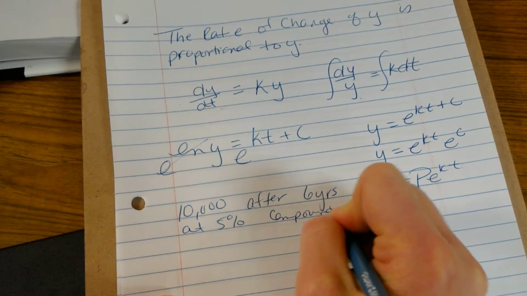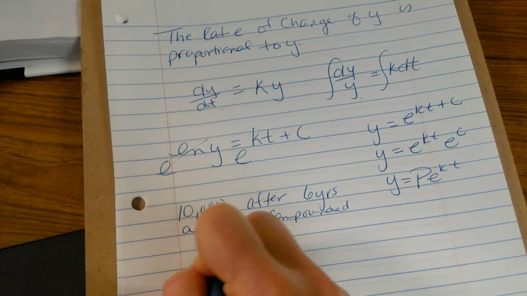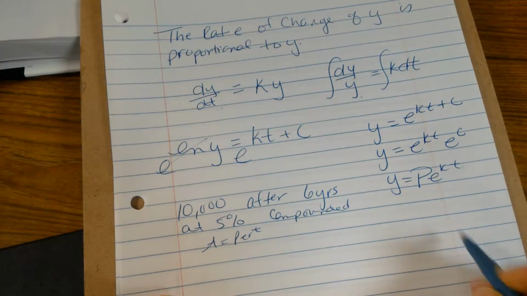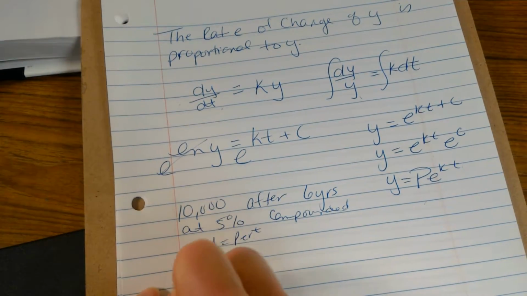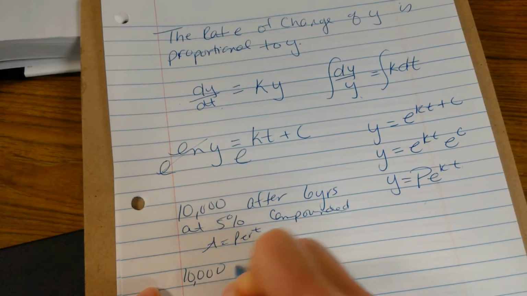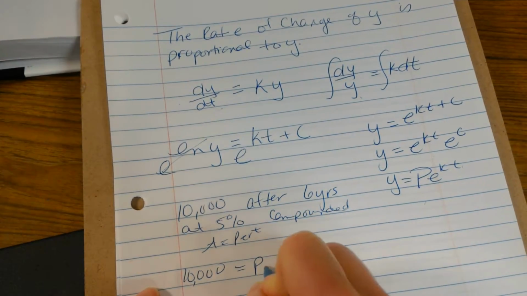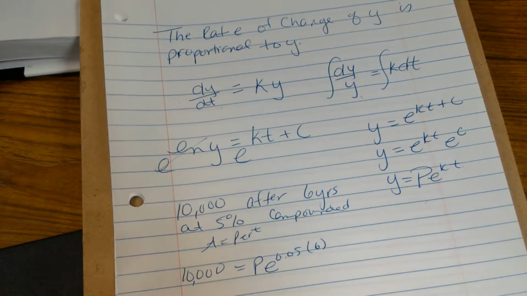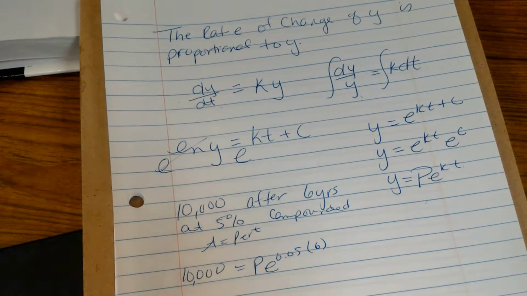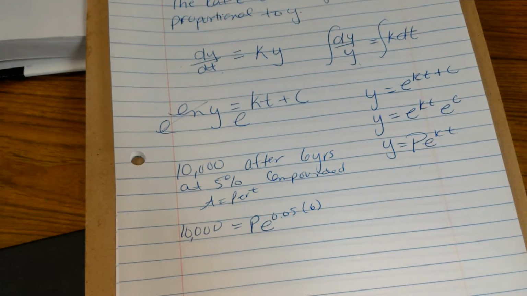We would know that we're using the equation A equals P e to the RT, which looks pretty much identical to that one. So if we plug that in, say I need $10,000, I don't know how much I'm starting with, 5% interest over 6 years. We could actually solve for p.